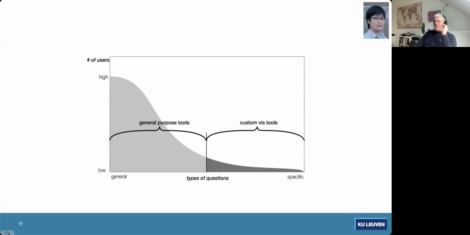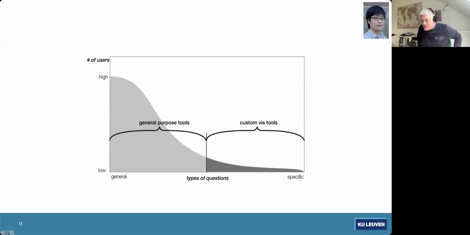If you compare data visualization with data analysis, let's just look at data analysis. A tool like Excel is really, really useful. Excel has a huge number of users, but the types of questions you can answer with Excel are quite generic, right? Quite general.